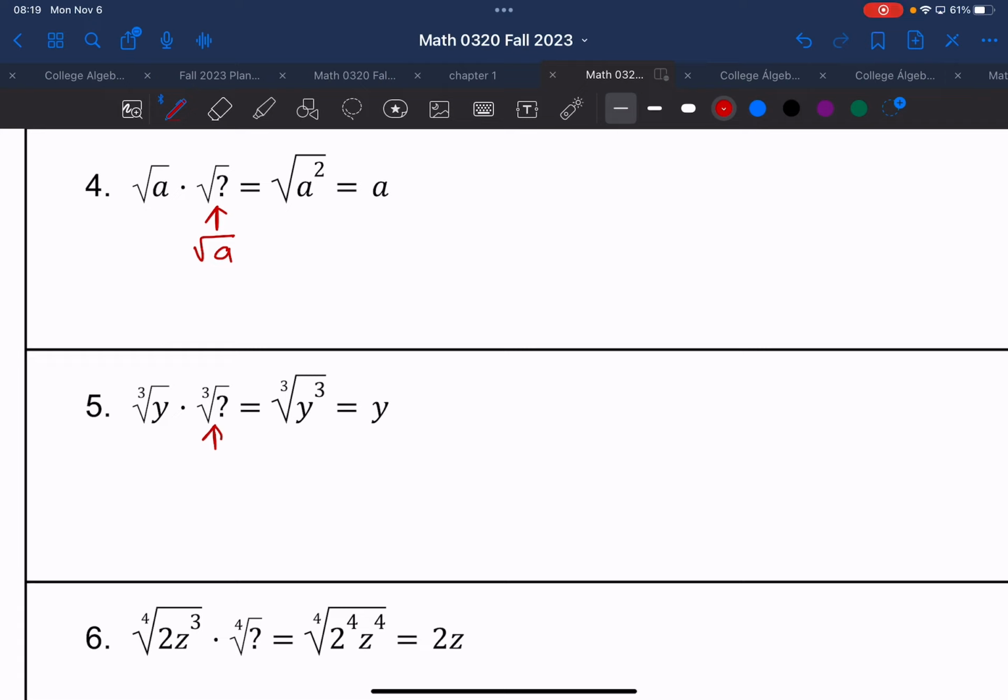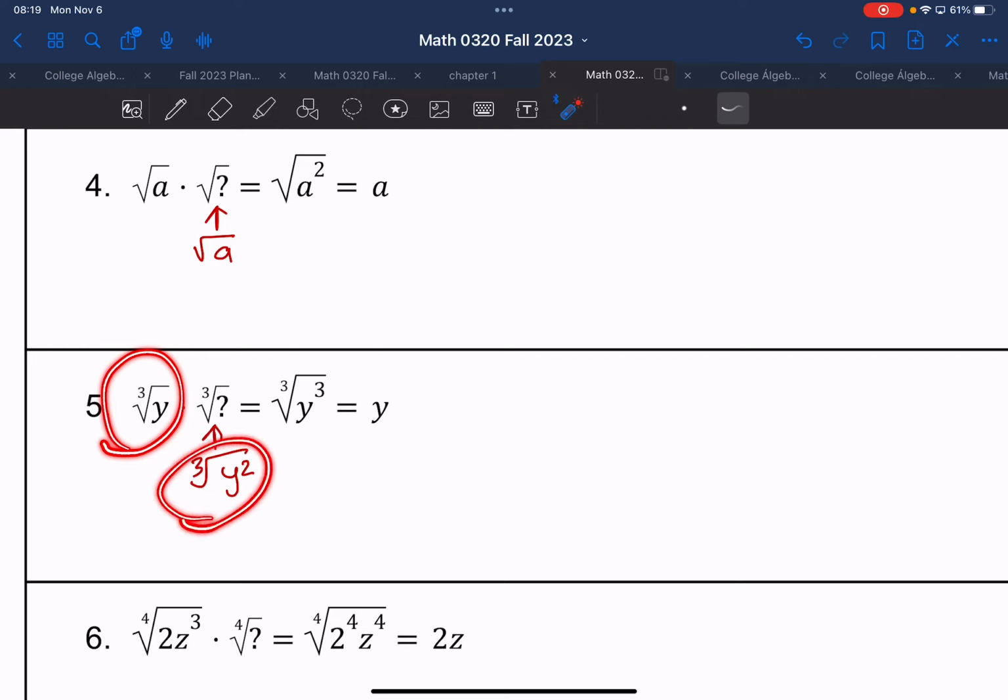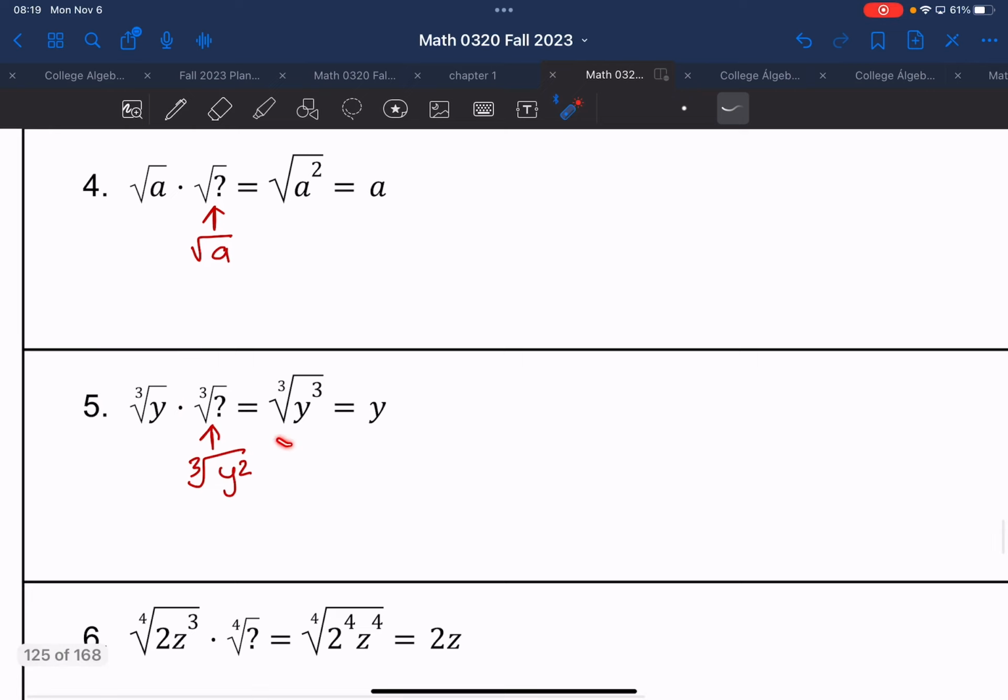Y squared. So this would have to be the cube root of y squared, because cube root of y times the cube root of y squared means we add those exponents on the y's and we get the cube root of y cubed, which cancels out to y. Again, we're just looking at these properties here.